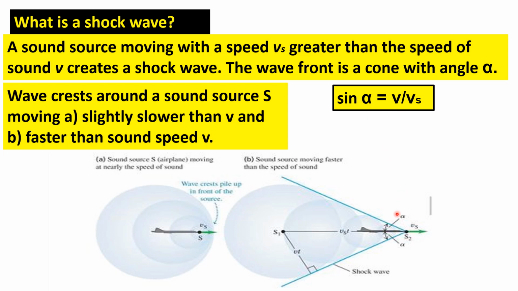The sine value of that angle alpha is just equal to the ratio of the speed of sound divided by the speed of the source, meaning the airplane. So that is the relationship between this angle alpha and the ratio of the speed of sound to the speed of the source. All right.